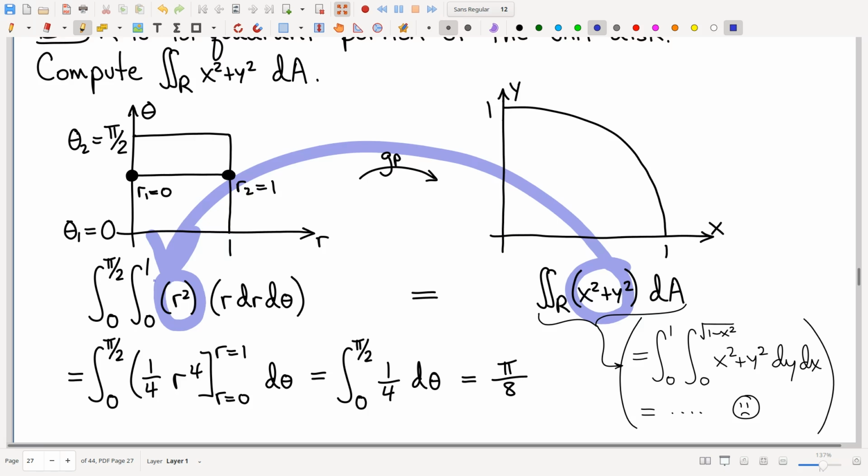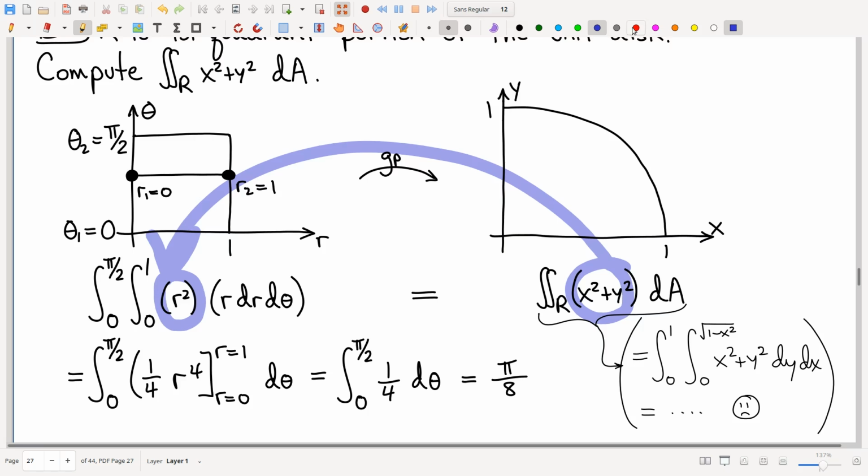We got lucky with that one. Usually you'd have to actually plug in x equals r cosine theta, y equals r sine theta, and then do some algebra and hope you might get lucky with the trig identities or something. Here, again, sometimes it's easy. So that's the first thing to do.